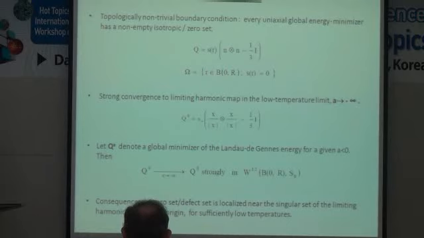If you look at this explicit limiting harmonic map, I won't give you too much of a justification, but it's actually a minimizer of the one-constant Oseen-Frank energy. But that's not really crucial for the rest of the talk, but there is a connection between the one-constant Oseen-Frank and the Landau-de Gennes here.